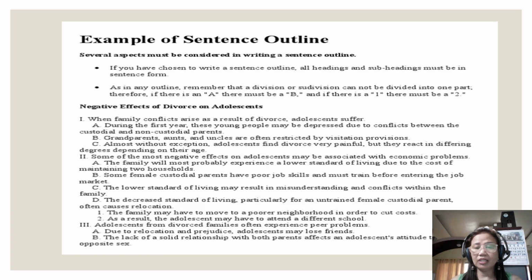Topic outlines are mostly written in words or in phrases, both the main topics as well as the subtopics. While in sentence outlines, the subtopics and the main ideas are written in complete sentences.